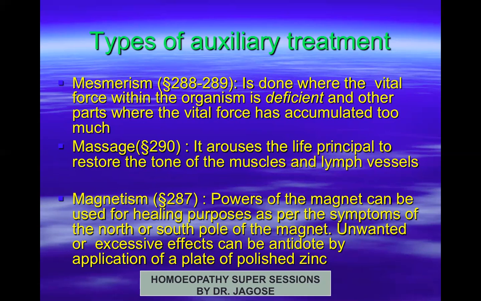So in magnetism, if you are putting the magnet according to the symptom on a part of the body, according to the north or south pole, and suppose you have kept it for a very long time, then it may have detrimental effects on the patient. So in order to remove the bad effects or the excessive effects of magnetism, Dr. Hahnemann has said an application of a plate of polished zinc will suffice.